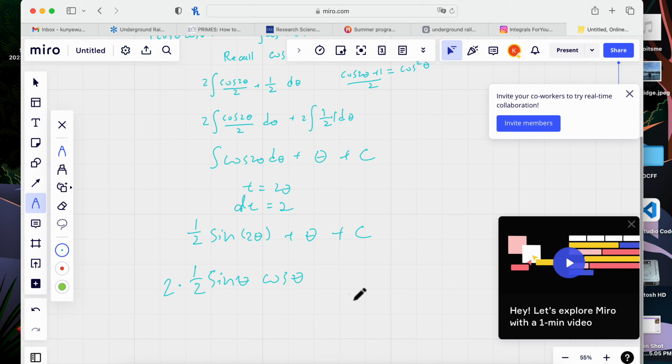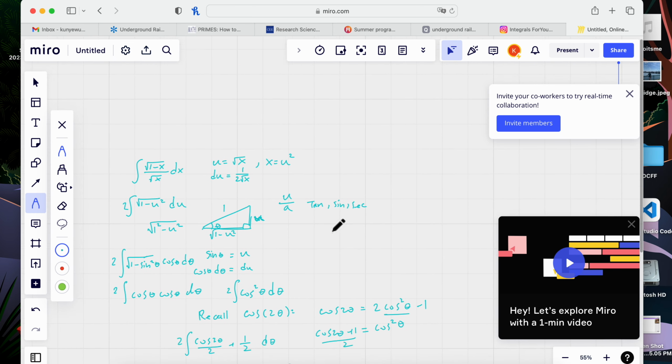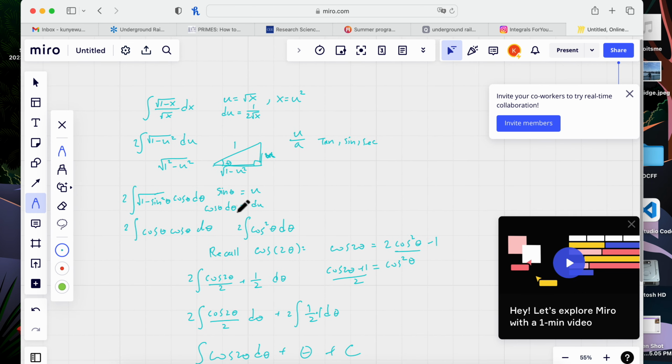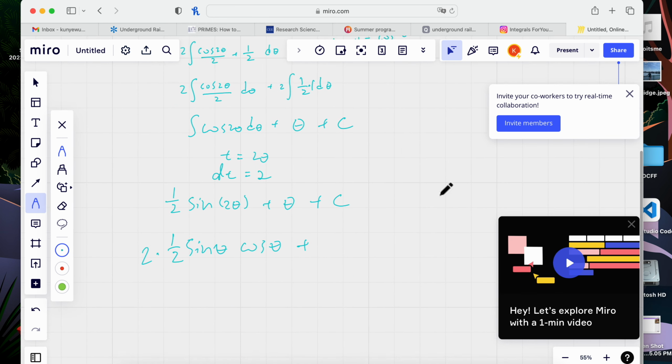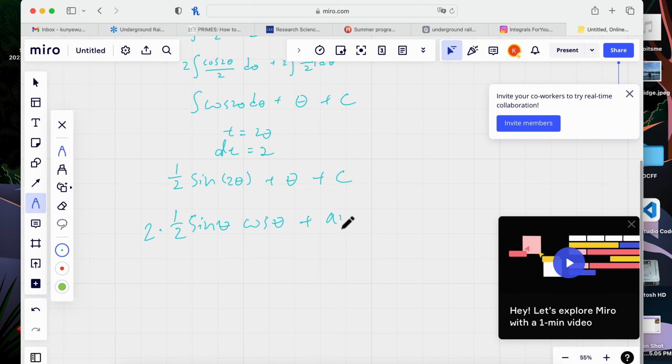That's the double angle identity for sine. Plus, what is theta? If we know that sine theta equals u, then theta must equal the arcsine of u. So theta is arcsine of u plus c.